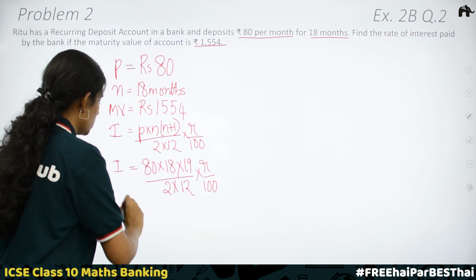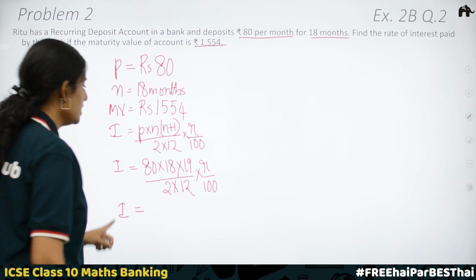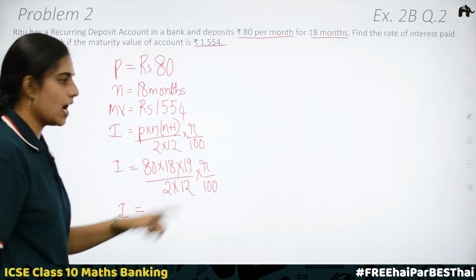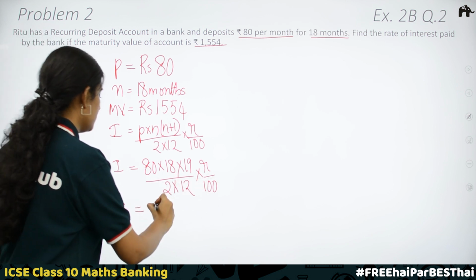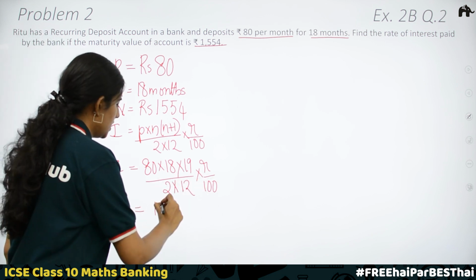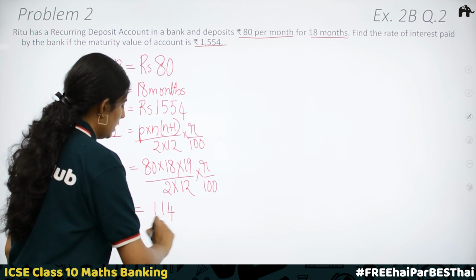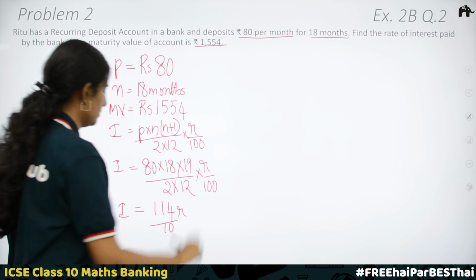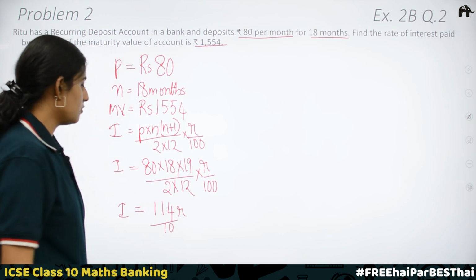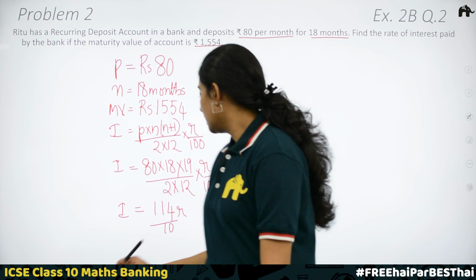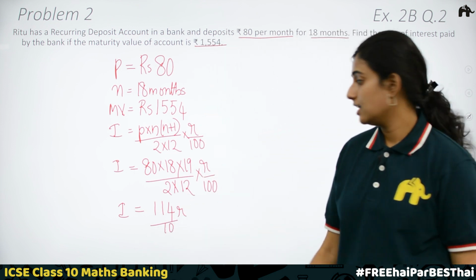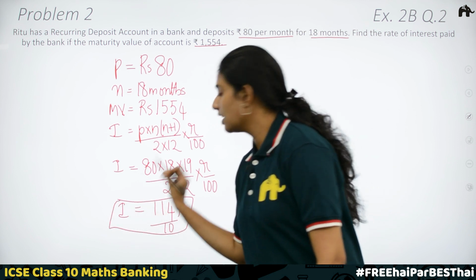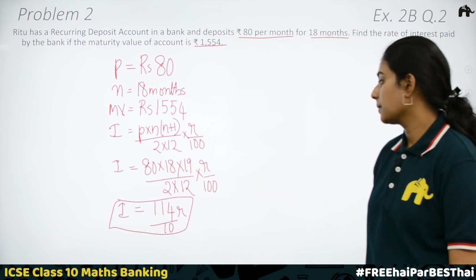On doing the calculation, you will be getting interest in terms of rate of interest, that is I in terms of R. This is equal to 114 divided by 10 into R. This is interest in terms of rate of interest.